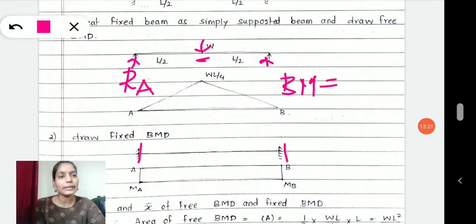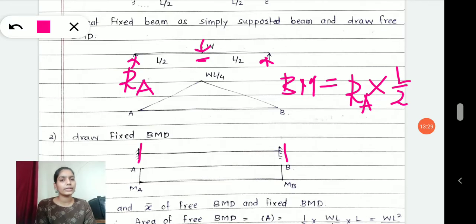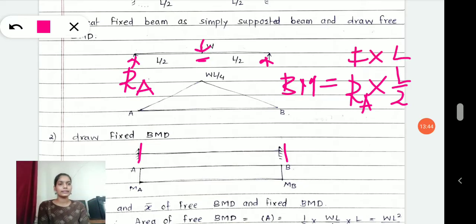Therefore, bending moment will be equal to RA, the reaction from support A, into length L by 2. Now what is this? RA into L by 2. This is bending moment. How? Because force into perpendicular distance.